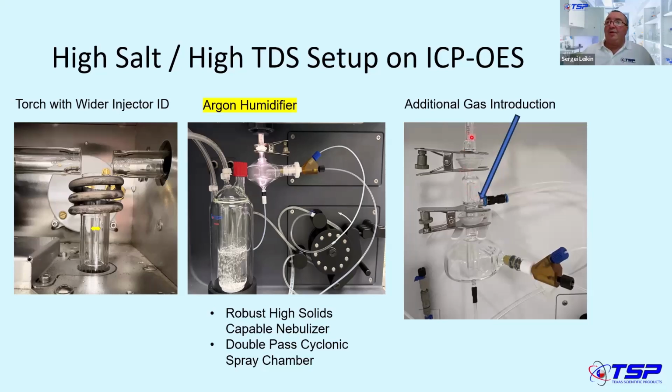The additional gas builds a barrier between your aerosol and the walls of the injector of your torch. That creates a very good environment for high salt aerosol to travel through the torch without any deposition. Or this deposition is going to be slowing down dramatically.